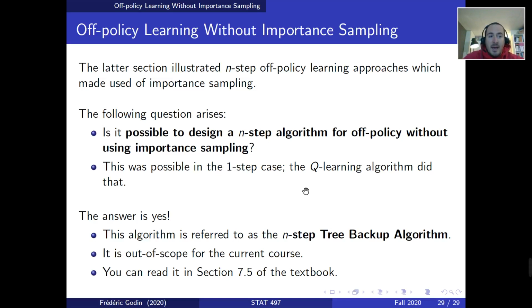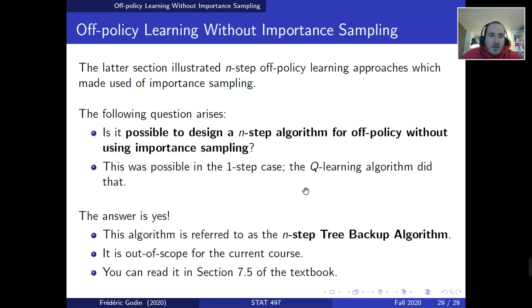In the one-step case, we saw in chapter 6 that this was possible. If you go back to your slides from chapter 6, the Q learning algorithm was an off-policy method, but it didn't rely on importance sampling at all, because it's a particular case of algorithms within this section, with the importance sampling ratio containing no action, so the importance sampling ratio could be set to 1 all the time.